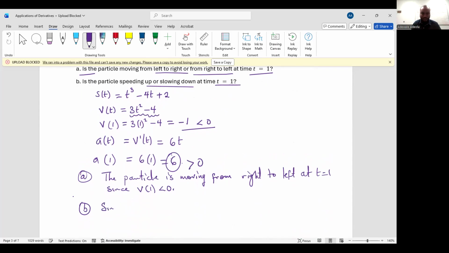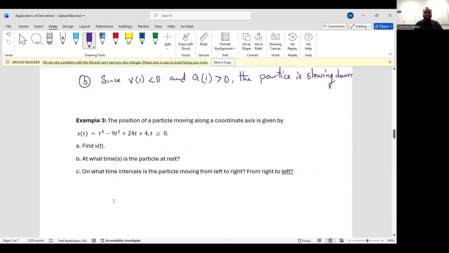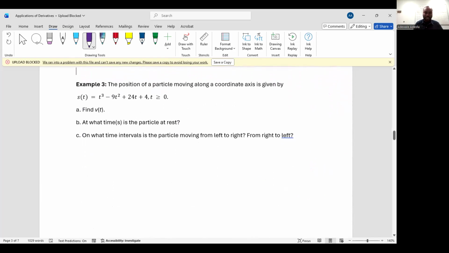So since the velocity at 1 is negative and the acceleration at 1 is positive, we say the particle is slowing down. Don't forget, like I explained earlier, if they have the same sign, it means the particle is speeding up. That is that. Another example.